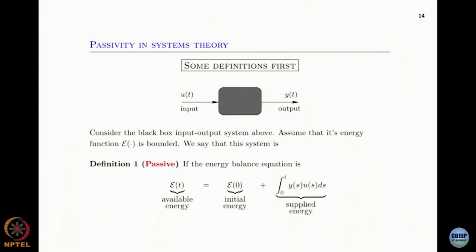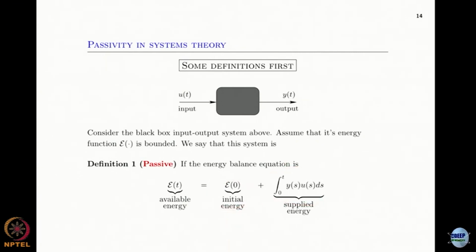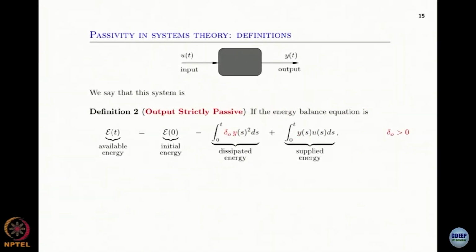We are going to say that the system is passive if the energy balance equation looks like this. Okay, so available energy equals initial energy plus whatever I supplied into my system.